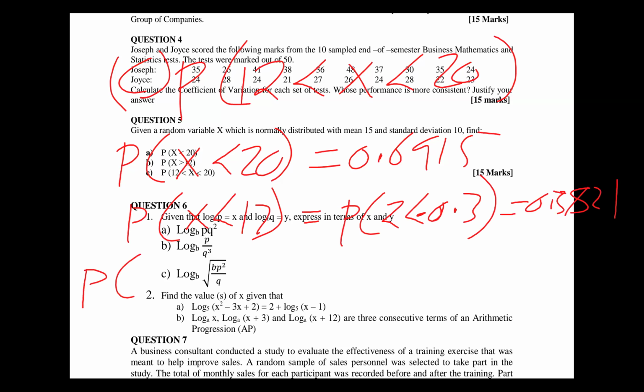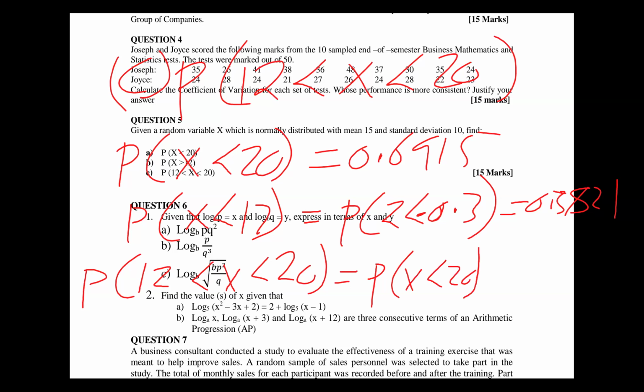Then if we have this, it's very easy. The probability that 12 is less than X less than 20 shall equal the probability that X is less than 20 minus the probability that X is less than 12. What is the probability that X is less than 20? This was A. We found it as 0.6915.